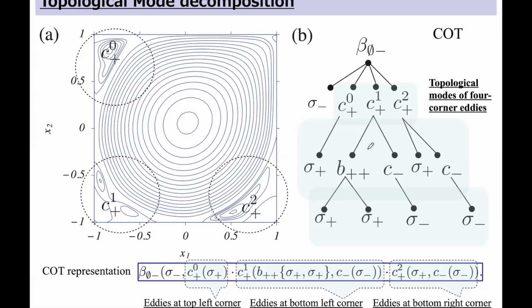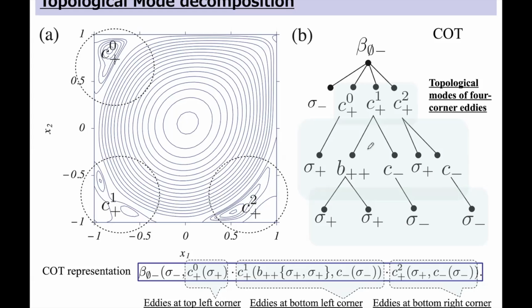In terms of the COT representation, which plays a very important role in the time analysis, the combination and arrangement of C plus 0, C plus 1, C plus 2, which are the topological modes for each corner, expresses the topological mode in one line.